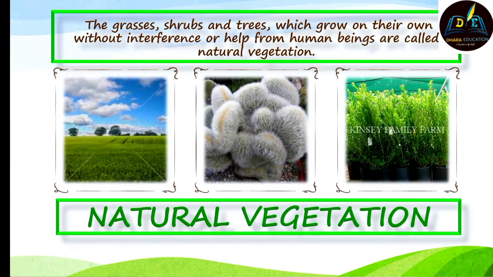Let's go. The grasses, shrubs and trees which grow on their own without interference or help from human beings are called natural vegetation. So what do you mean by natural vegetation, students? Natural vegetation means the grasses, the shrubs and the trees which grow on their own.